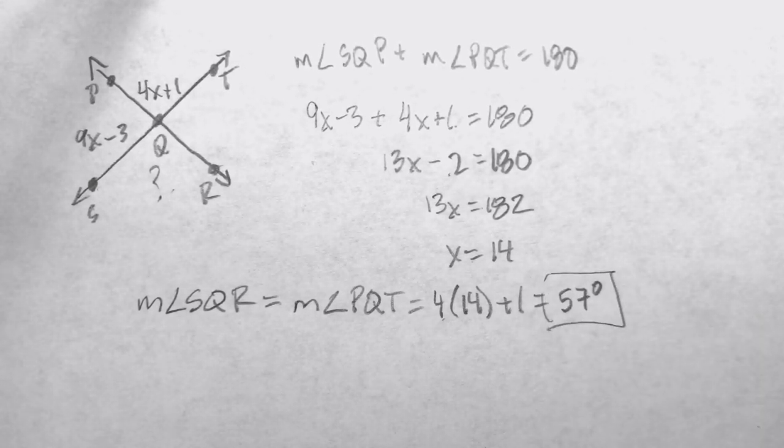And so the measure of angle SQR is 57 degrees.